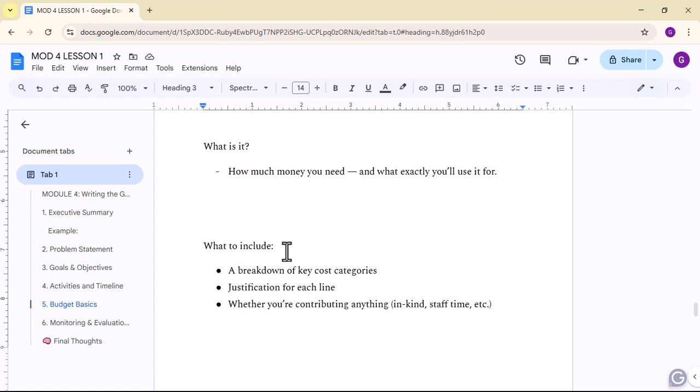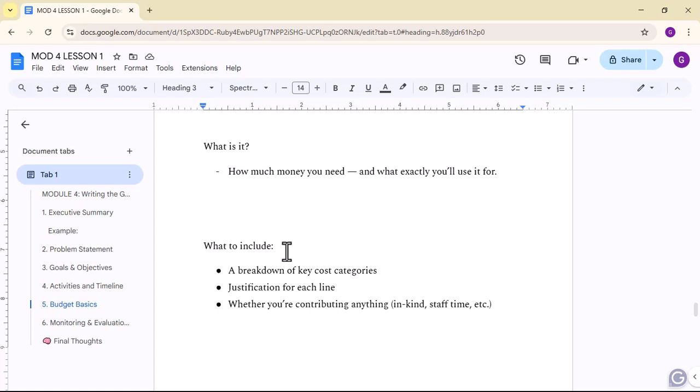You can have the aspect of logistics: transport, internet, venue. You can also have monitoring and evaluation, which is very important, because every funder wants to see how you are evaluating and monitoring the project. And you can have admin or contingency, which is usually between 5 to 10% of the grant.